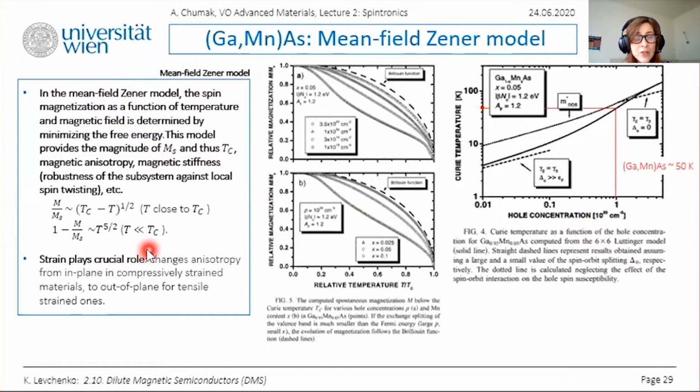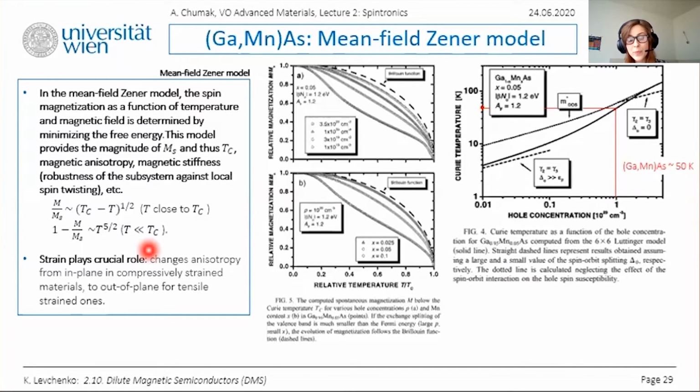With this model, we can describe the magnitude of the saturation magnetization and hence get an overview of the Curie temperature. We can describe physical phenomena like magnetic anisotropy, magnetic stiffness, and so on.